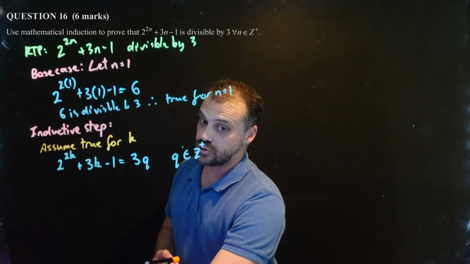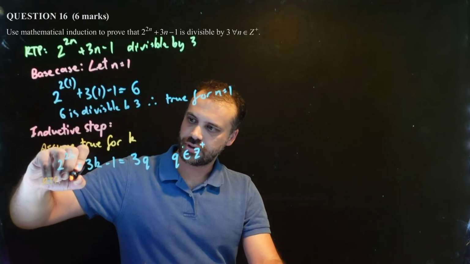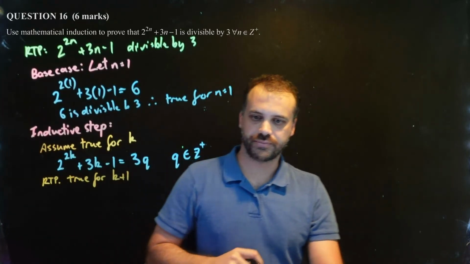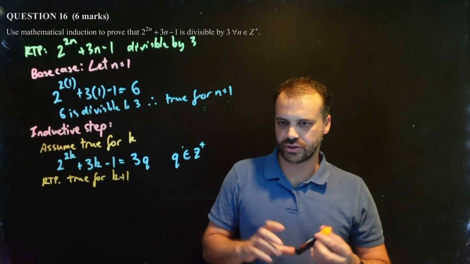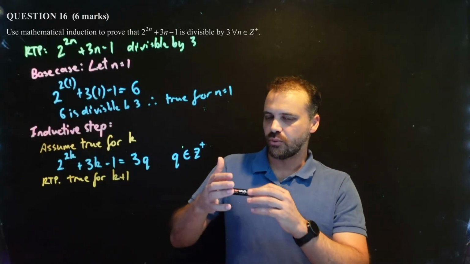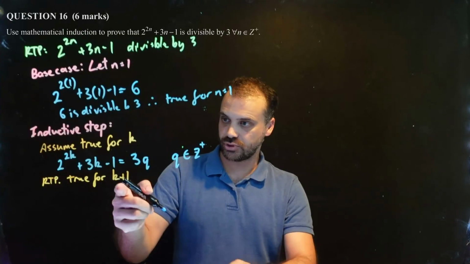And now that we've assumed that it's true, it is required to prove that it's true for k plus 1. Okay, so required to prove true for k plus 1. What I like to write here is a statement to say the thing that it's required to prove.